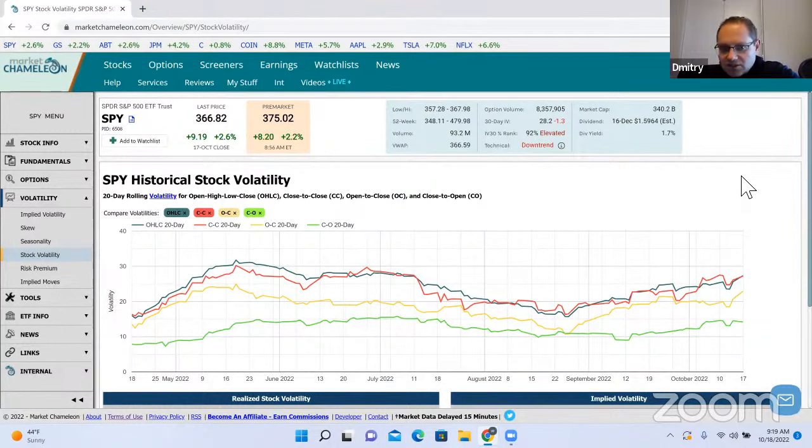Even though they're both going up, there is a bigger increase right now, acceleration in that intraday. So we are seeing a lot of volatility during the day. That's looking at the realized volatility.